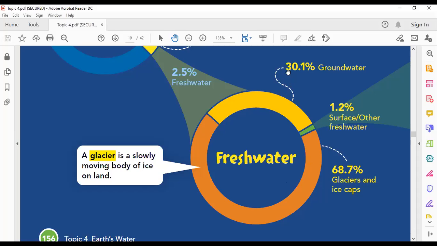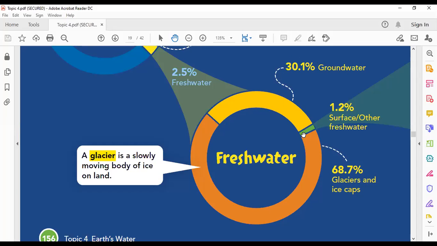The fresh water also, 30.1% of Earth's fresh water is found under the ground, or groundwater. To use this water, we must obtain it from underground. So the majority of Earth's fresh water is found in the glaciers and groundwater.